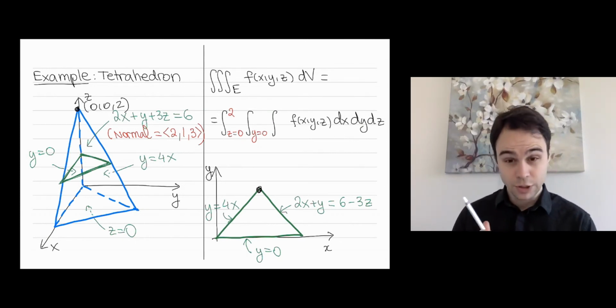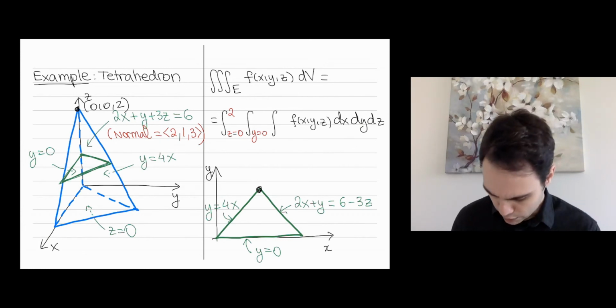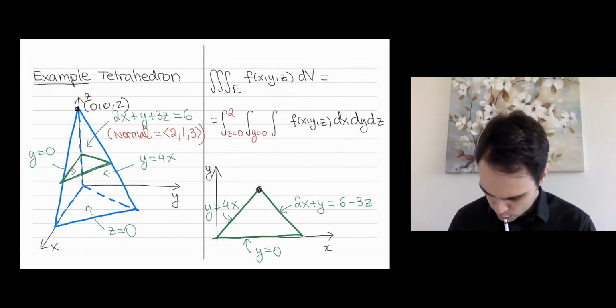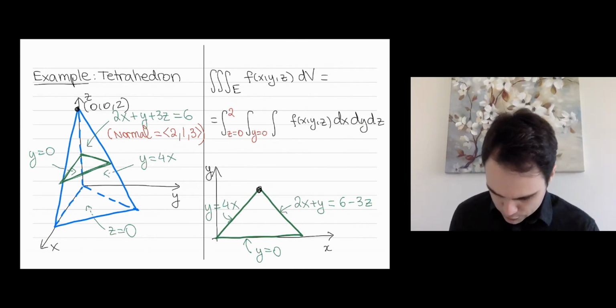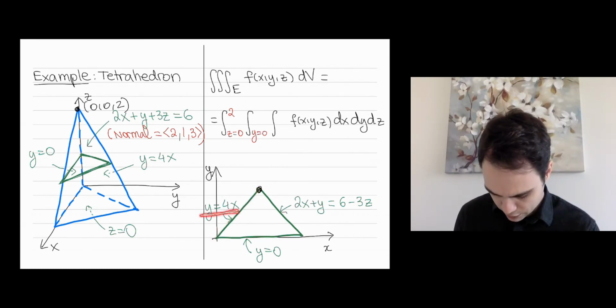The coordinates of this point depend on z. Let's figure out what these coordinates are exactly. I have two equations. This point lies on this line, which is the set of points that satisfy this equation, and it also lies on this line, where this equation is true.